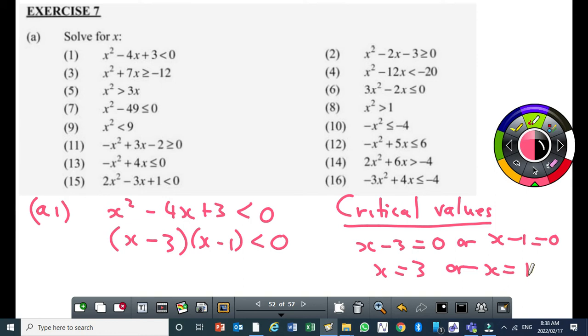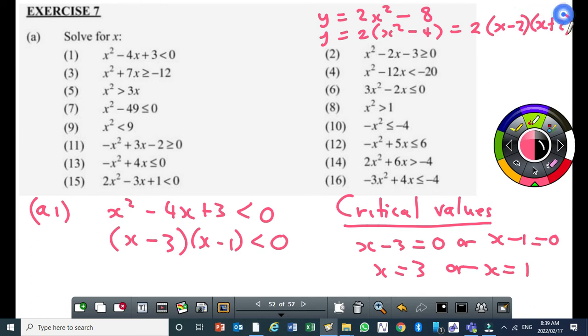I hope that you remember from last year that when you had an equation like y equal to, let's make it 2x squared minus 8, like that, we could simplify the right-hand side by factorizing it. You get a difference of 2 squares. Then you can simplify this further and write it as 2 times x minus 2 times x plus 2.